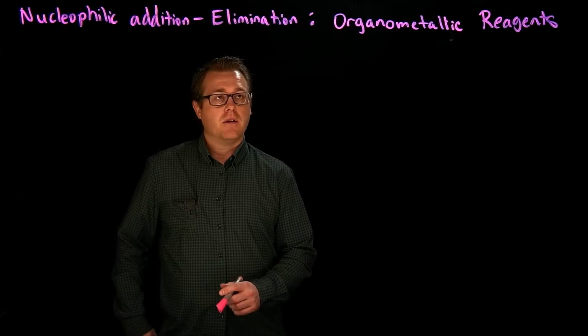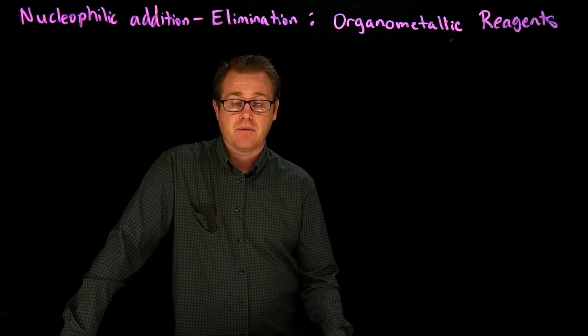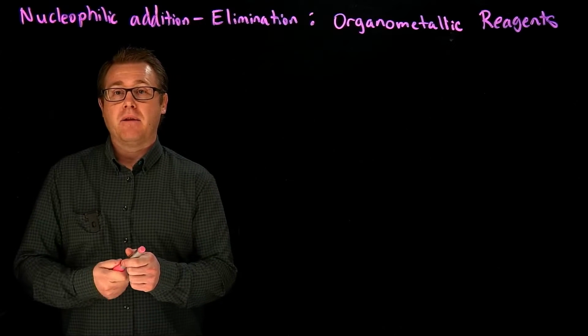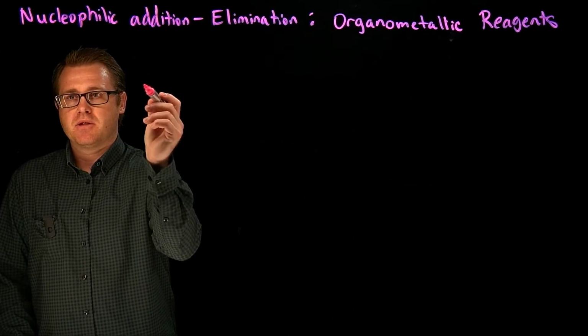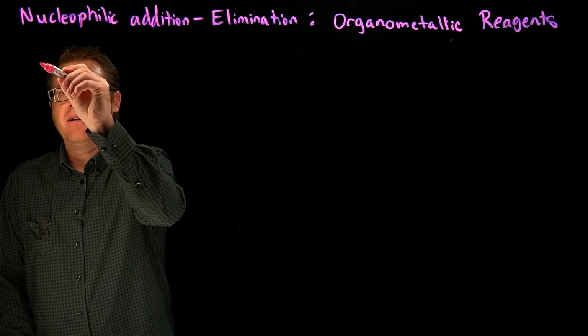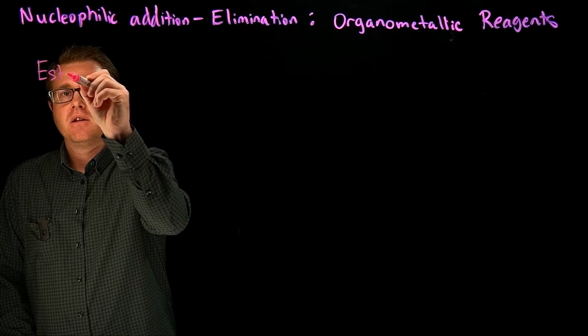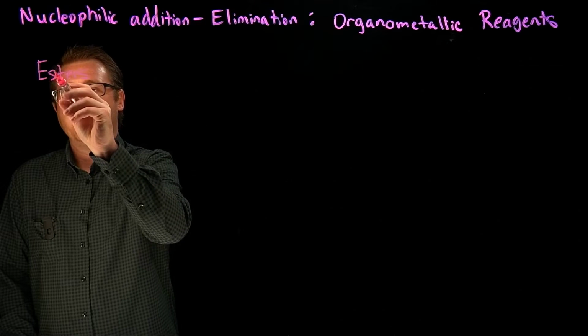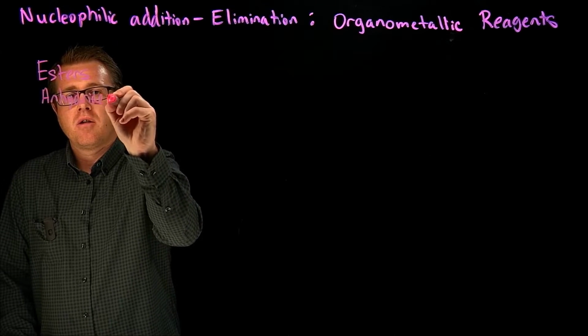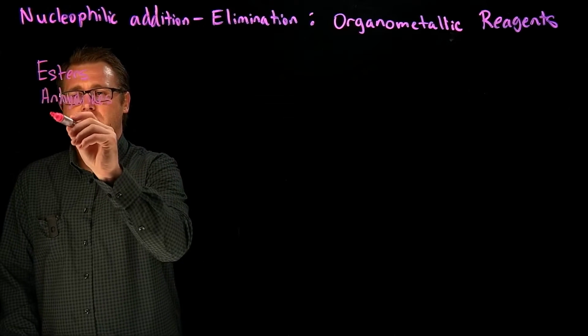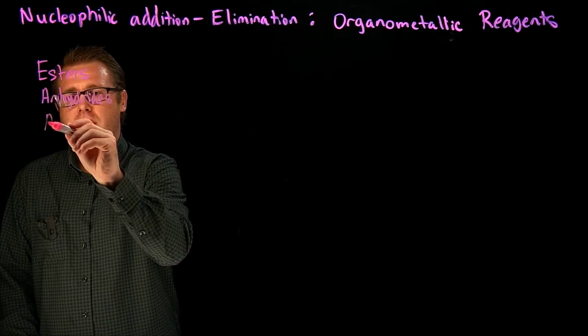We're now going to take a look at organometallic reagents and how they react with carboxylic acid derivatives. So what are some of those carboxylic acid derivatives? We have esters, we have acid anhydrides, and we also have acid chlorides.